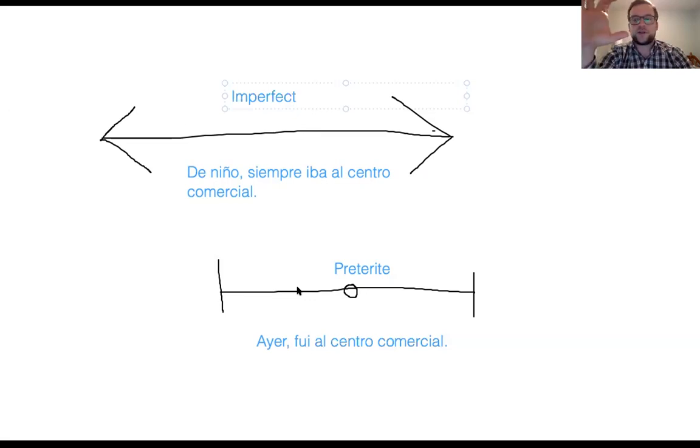It's a snapshot in time, whereas the imperfect would be like a video because it's ongoing, right? It's something that doesn't have that clear beginning and end, like a snapshot or a point on a timeline would. So that's the difference, preterite versus imperfect, okay? That's just some of the basic stuff. But we'll look at some examples of when we would use the imperfect and when we would use the preterite.